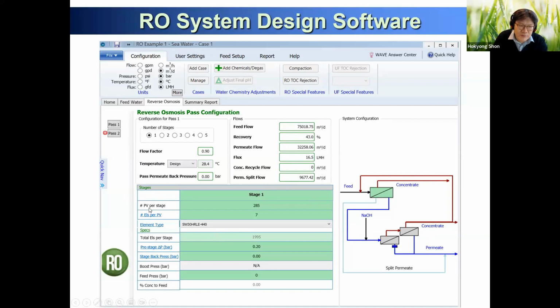Then in the first pass, you see how many pressure vessels and how many elements you need.